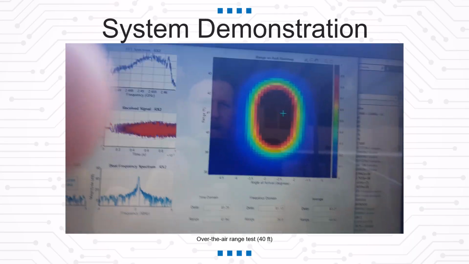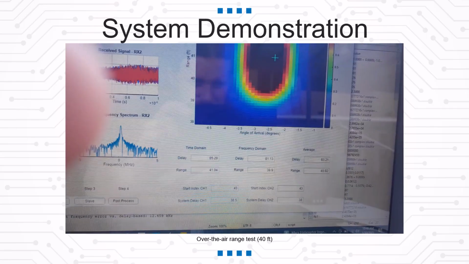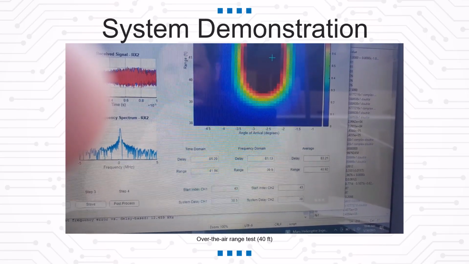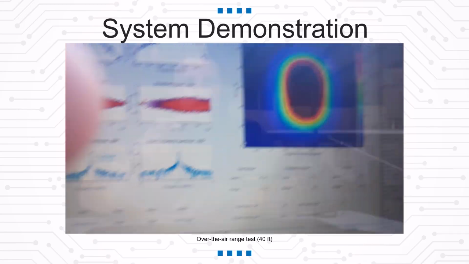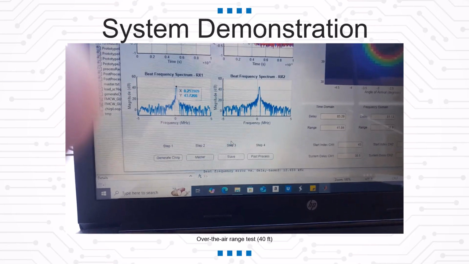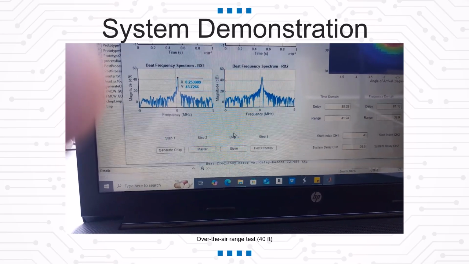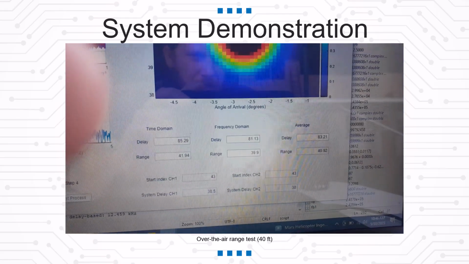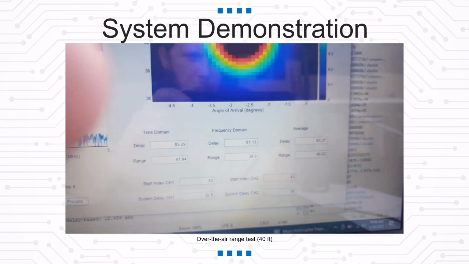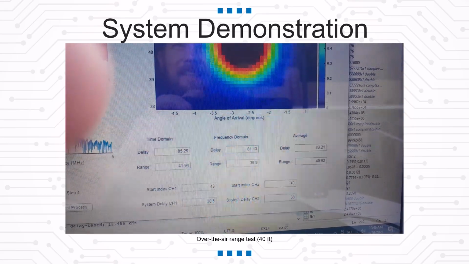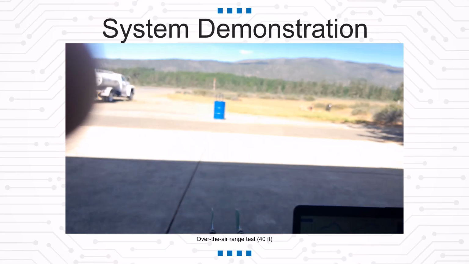So this is a way to see how agreeable the time domain and the frequency domain are with this method. So we could run it again, but we're already about 8 minutes into the video. But I think that's a pretty decent result. 40.92 feet, and that is 40 feet.